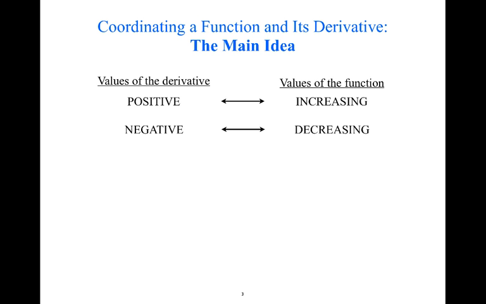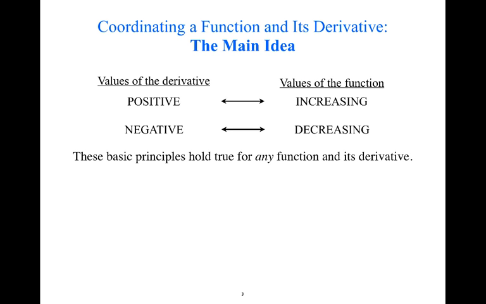But here it is. This is really like 80% of the ballgame, okay? There's just one more part to this. These facts that we're using over and over again hold true for any function and its derivative.